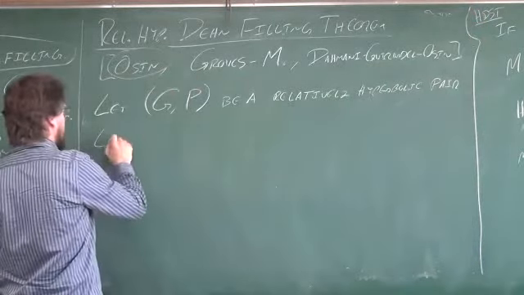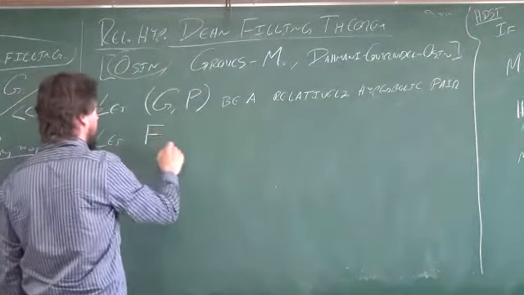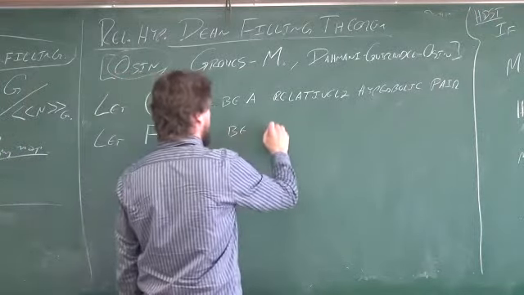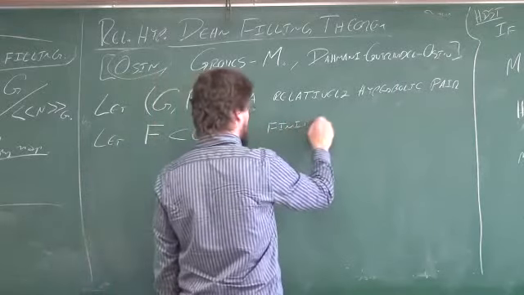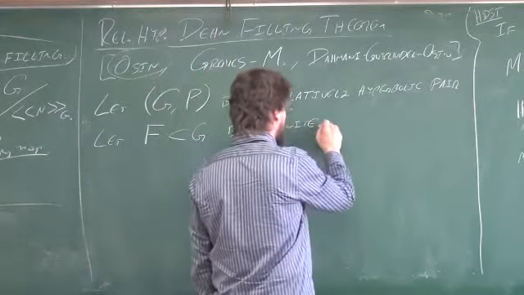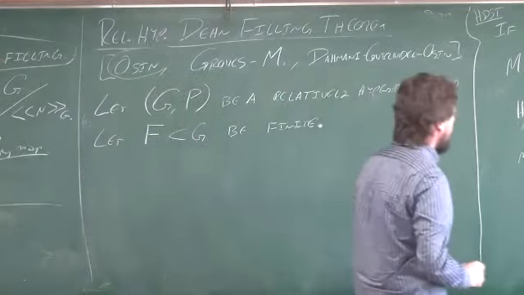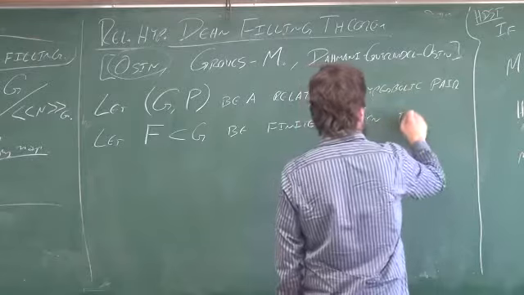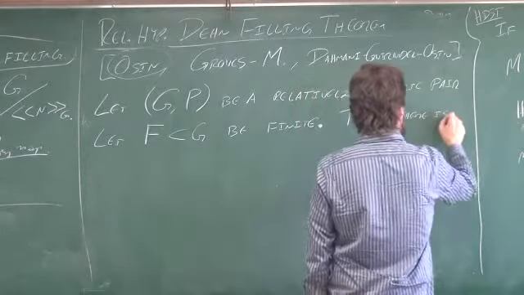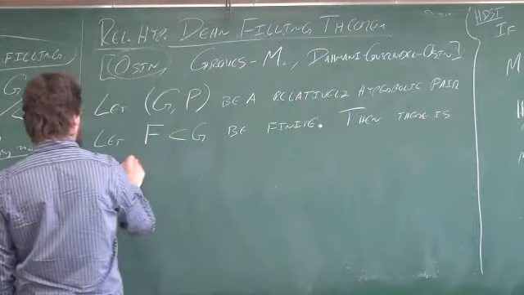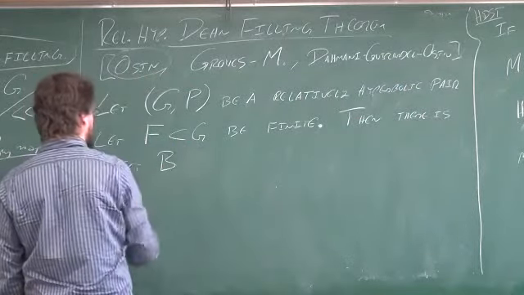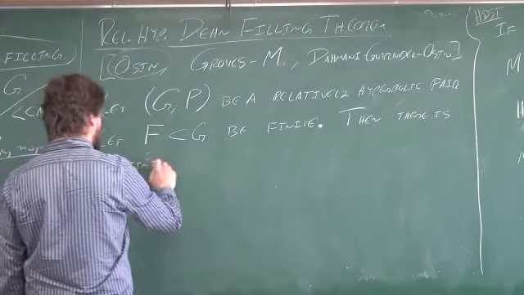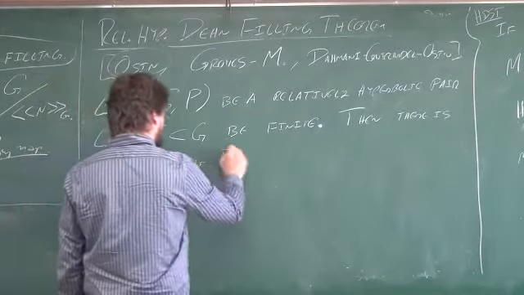And let F in G be any finite set. Then there is a finite set B, for bad.